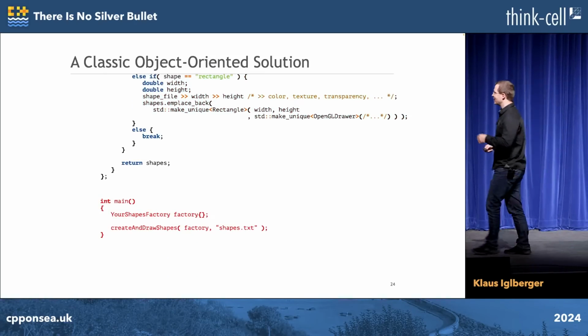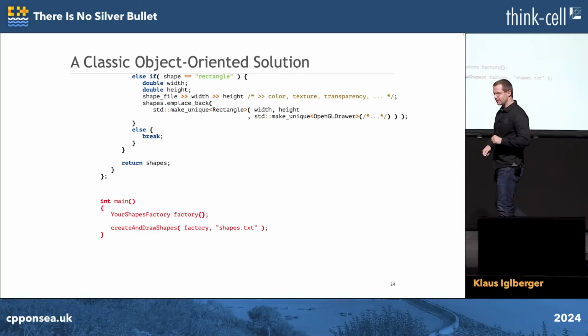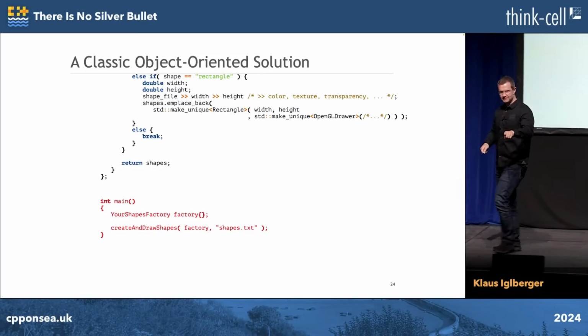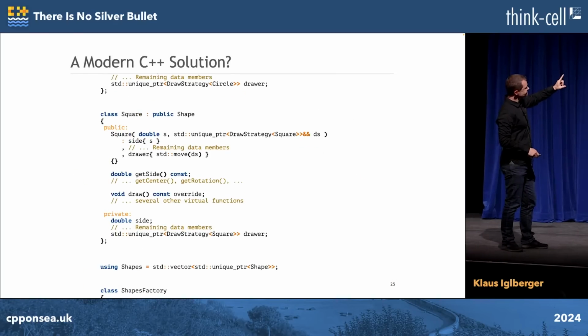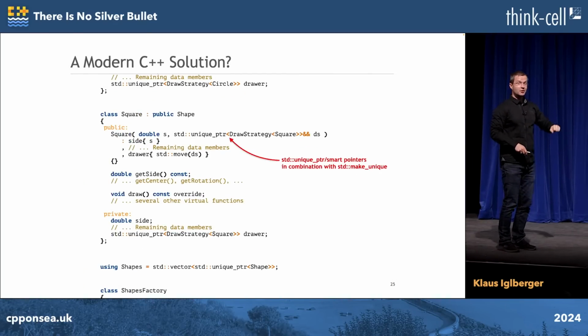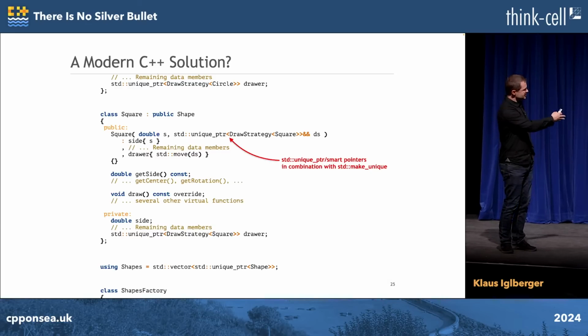Great. So, and there's even something better. Did you notice that this is real modern C++? Oh, you might have not noticed. So, for instance here, unique pointer. And of course also somewhere below a make unique call.